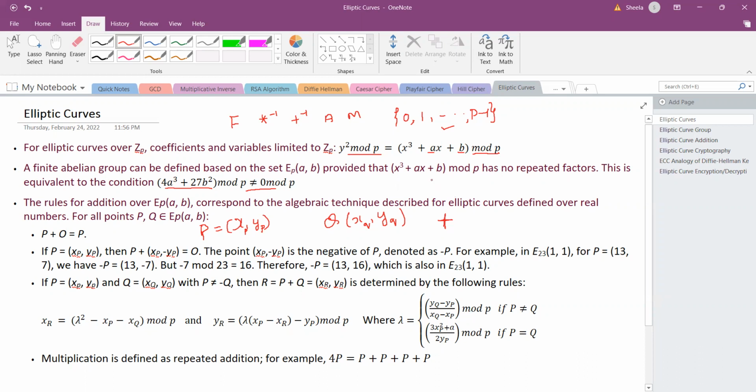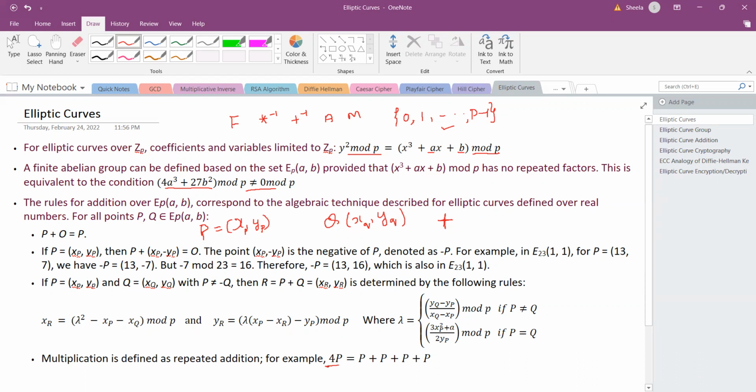As I told, every element is a field element, which means it should have its corresponding additive inverse, multiplicative inverse, and identities. In the case of an elliptic curve, whenever we consider multiplication, it is treated as repeated addition. So here you can see the fourth property, that is, multiplication is defined as repeated addition.